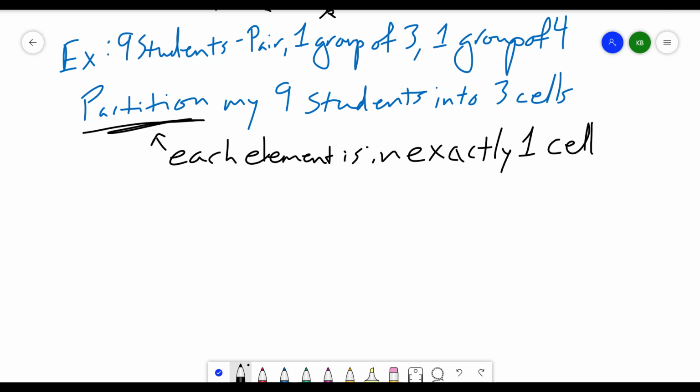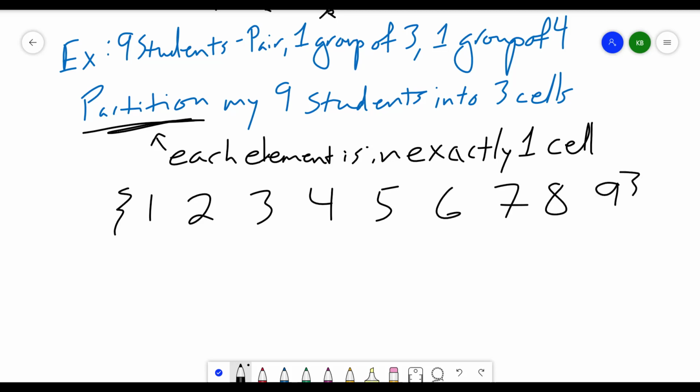So what I'm essentially doing here is I have my 9 students, 1, 2, 3, 4, 5, 6, 7, 8, and 9. And what I want to know is how many ways can I take a pair of them, and then 3 of them, and then 4 of them. Well, that's one way I could do it.